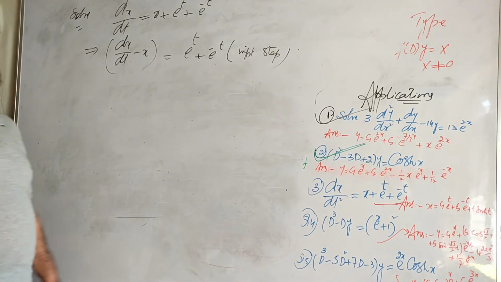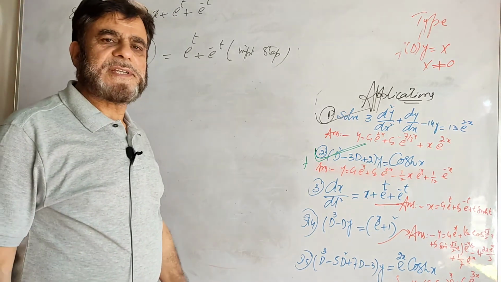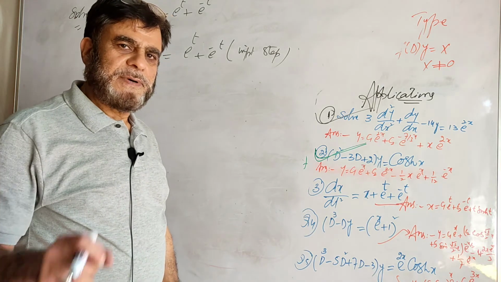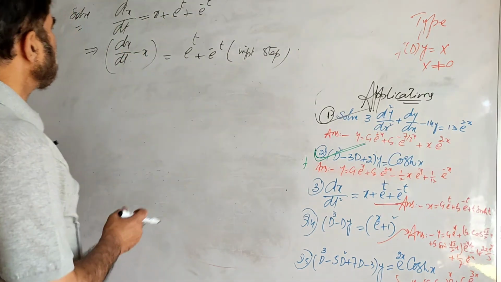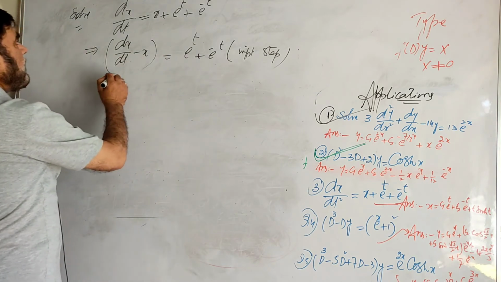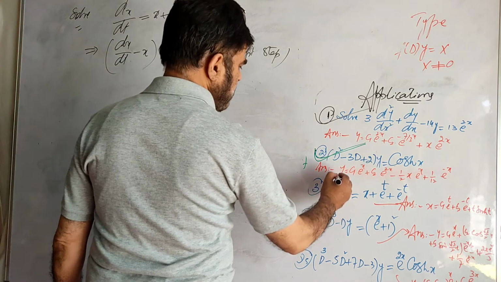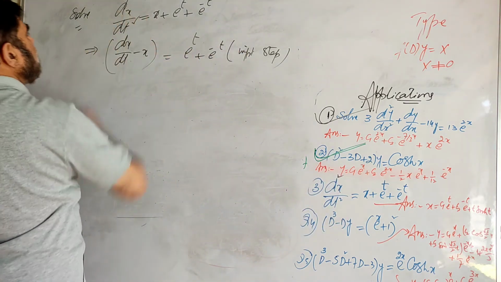In our linear differential equation form we have no dependent variable on the right side. The right side should be either 0 or a function of the independent variable, a function of x or a function of t. So I took the dependent variable to the left. It is actually d2 here because it is t square. I had forgotten it is d2 here.